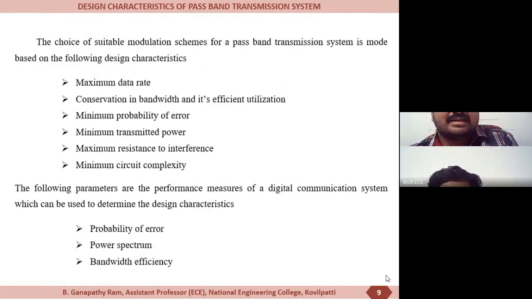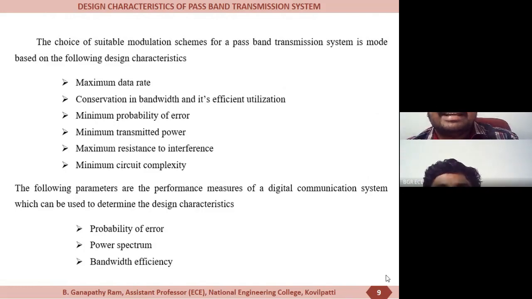As a designer, for the choice of a digital modulation technique for a passband transmission system, we have to look at many parameters and characteristics with respect to the channel, the system, and the information we are going to transmit.